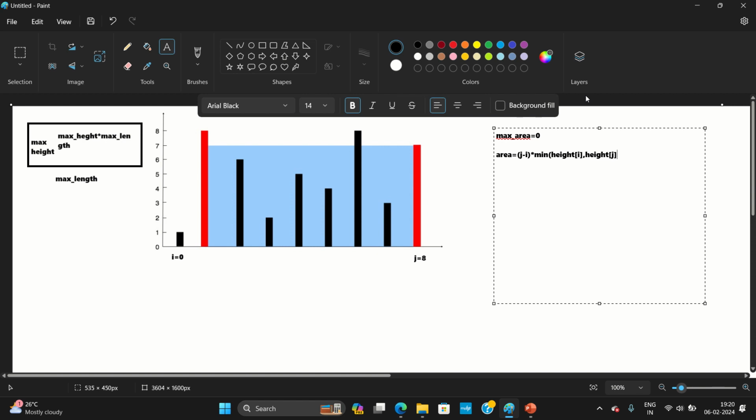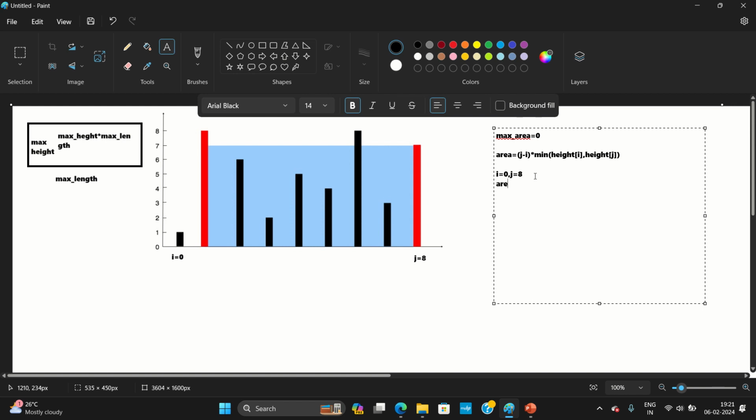Fine. So area is equal to that. Now, initially i is equal to 0 and j is equal to 8.